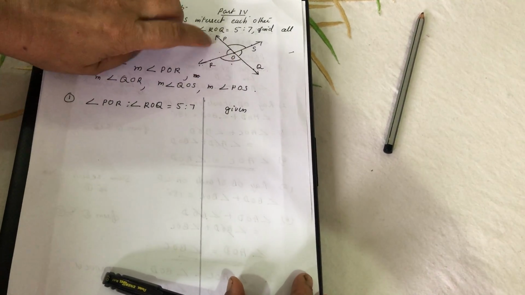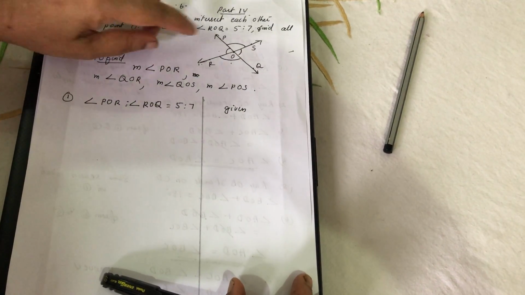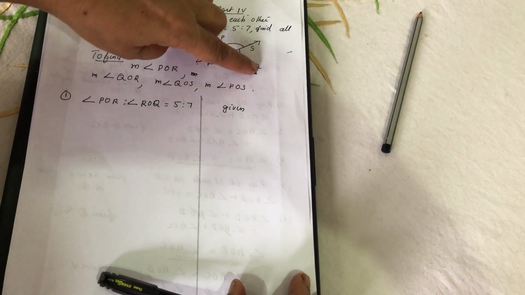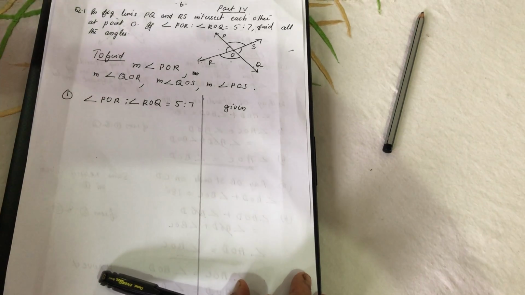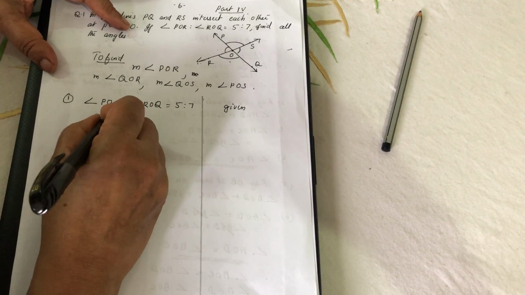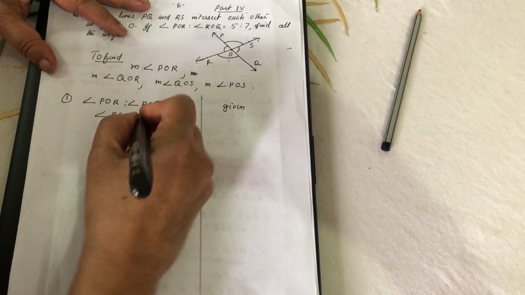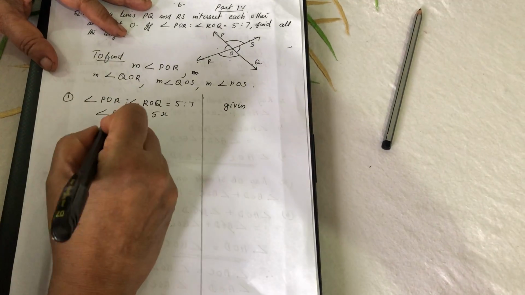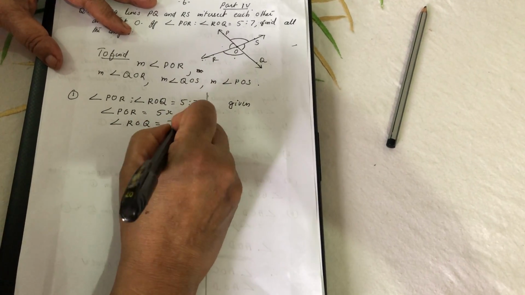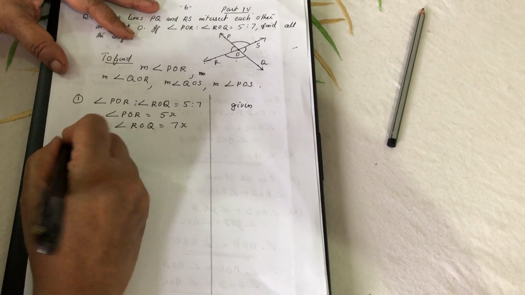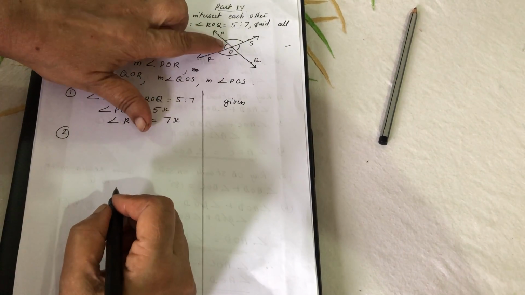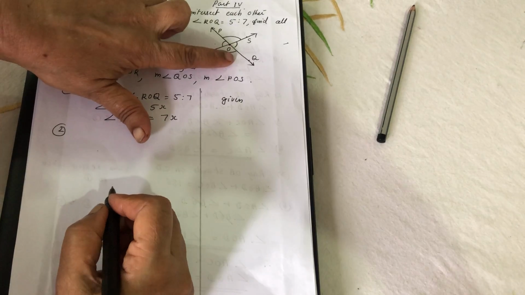What is the sum of the angles of a linear pair? It is 180 degrees. So I am taking angle POR as 5x and angle ROQ as 7x, and the sum of these two angles is 180 because they form a linear pair.